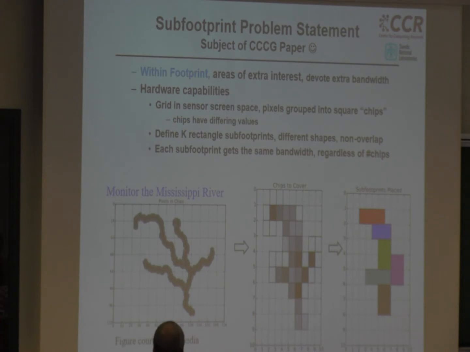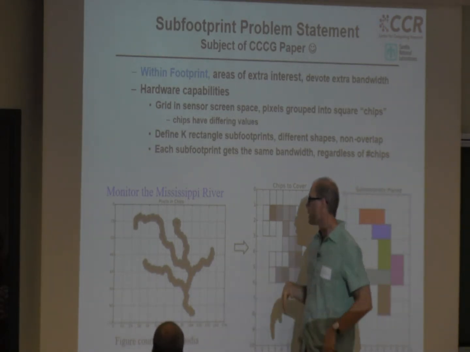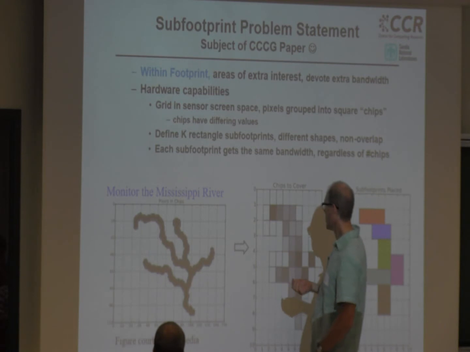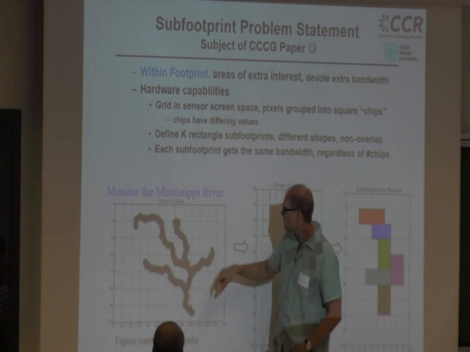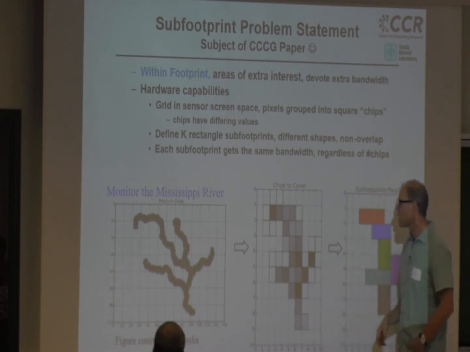All right, so next level down, here's our actual subject of the paper. Suppose you've got a satellite that takes square pictures, and you're interested in floods along the Mississippi River basin. So the river itself, you really care about that. These regions that probably aren't going to flood, you don't really care about.